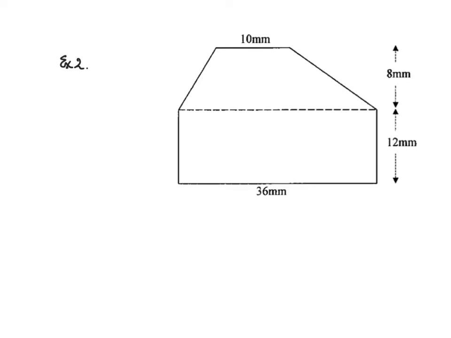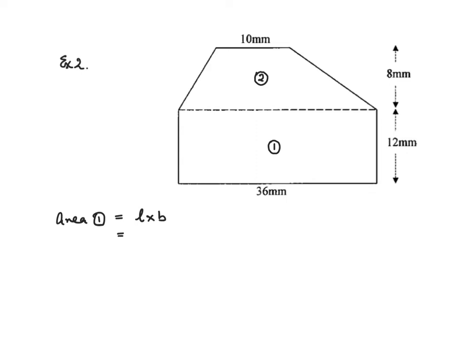Second and final example, what we have here is a composite shape. I hope you can see that shape 1 is a rectangle and shape 2 is a trapezium. So let's deal with the rectangle first. Area 1, the formula is length times breadth.